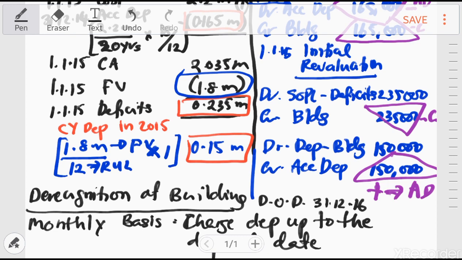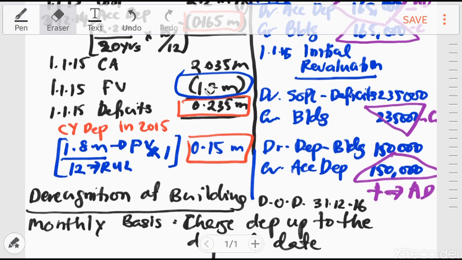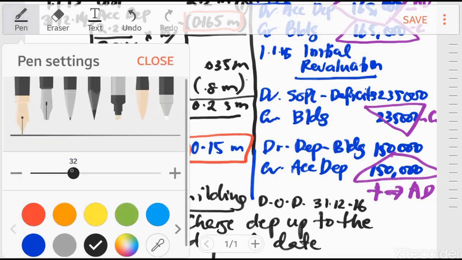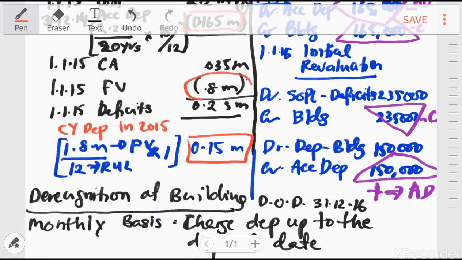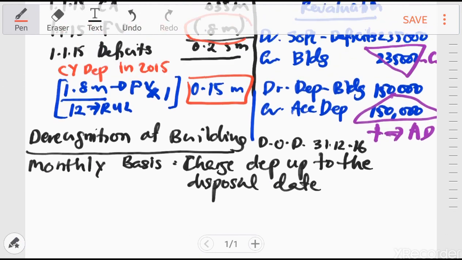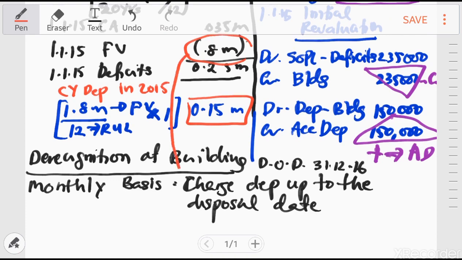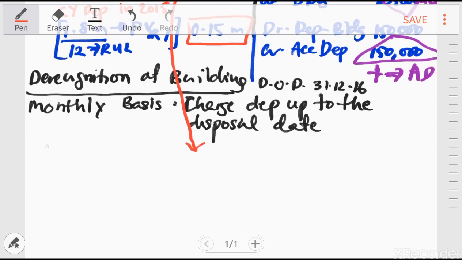Now, since our asset is being revalued, this is our focus. This 0.8 million will be the figure to show at the beginning of the year.